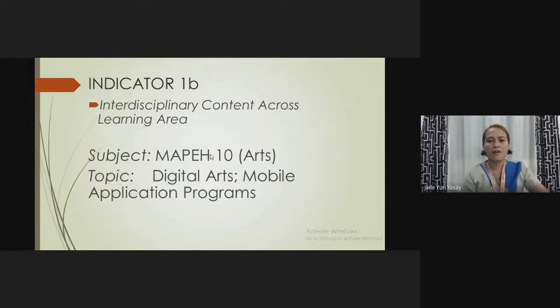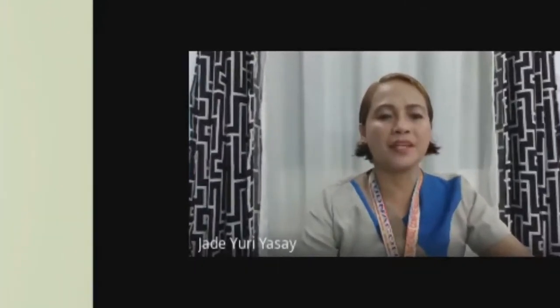For indicator 1B, it is interdisciplinary content across learning areas. So the subject that I chose is MAPEH 10, specifically arts, and the topic is digital arts, and that is mobile application programs. I chose this topic because it uses technology.